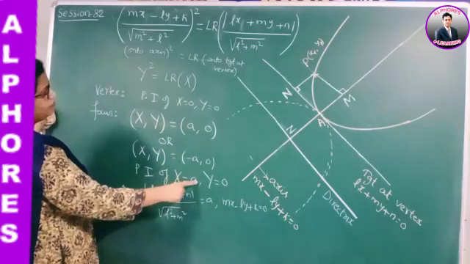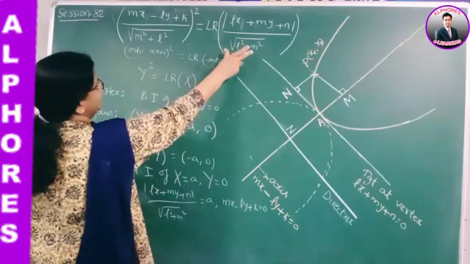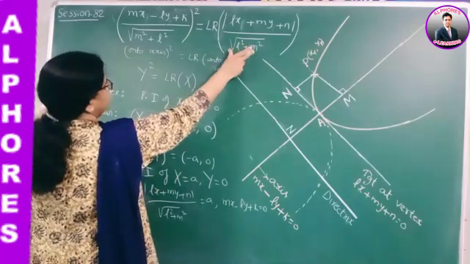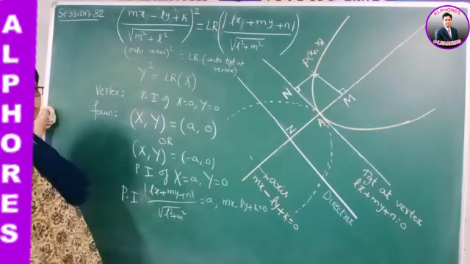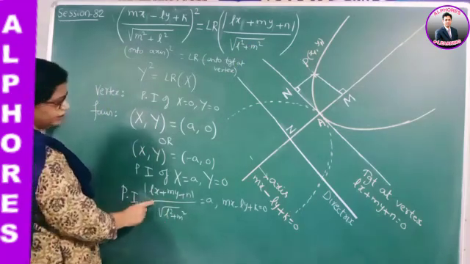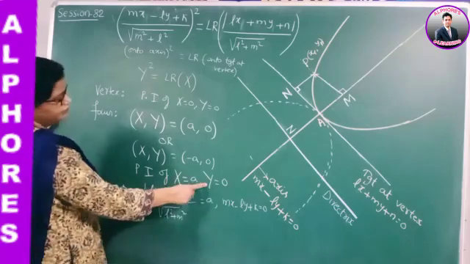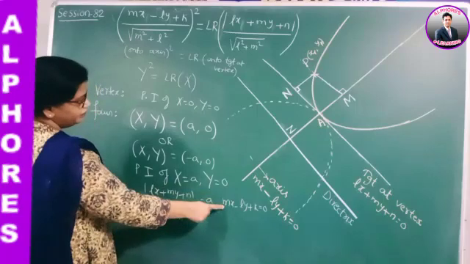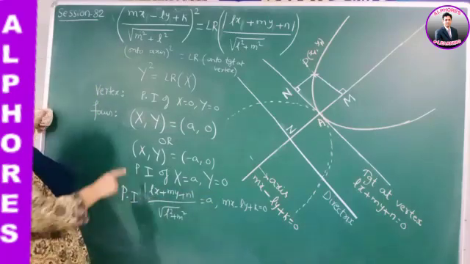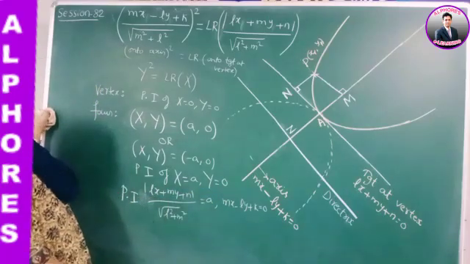And what is x equal to a here? Actually the tangent at vertex, that entire thing, the perpendicular distance. That means the denominator part is very important. So this entire value equal to a and y is 0. Y means the axis equation. So if you solve these two equations, then easily you can get the coordinates of the focus.